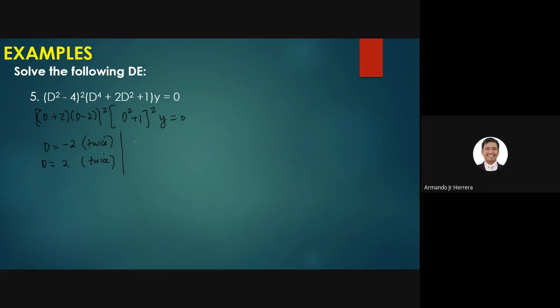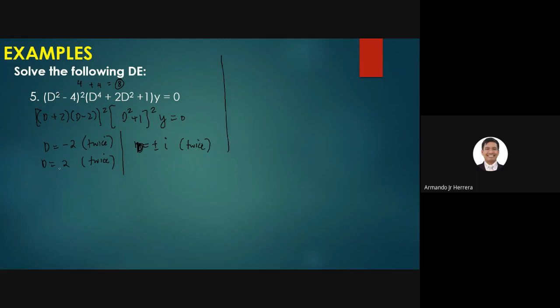And then you have here, D is equal to plus minus i, kasi D squared plus 1 yan. So, D is plus minus i twice din. So, notice na pag ni-raise ko to sa second power, magiging to the fourth. Ito, ni-raise sa second power, magiging to the fourth. So, 4 plus 4 is equal to 8. So, dapat meron tayong hanggang constant 8.